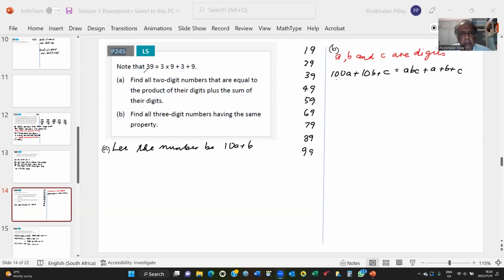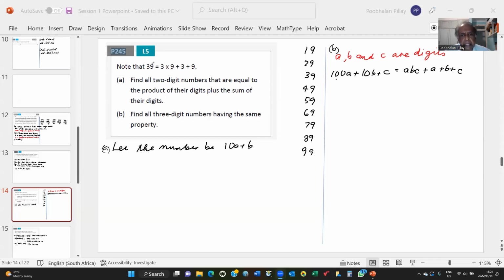This question says, note that 39 is equal to 3 times 9. The first digit times the second digit is 27, you're multiplying them, and you're adding 3 and 9. So 3 plus 9 is 12, and 27 plus 12 is precisely 39.